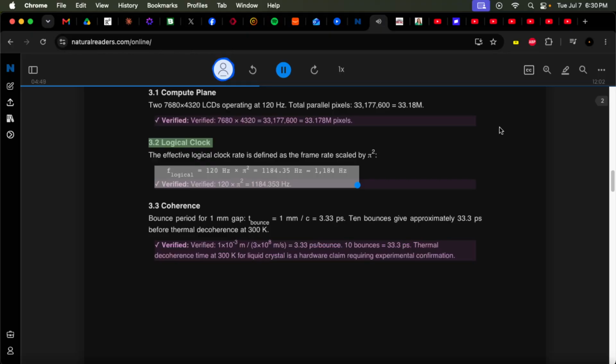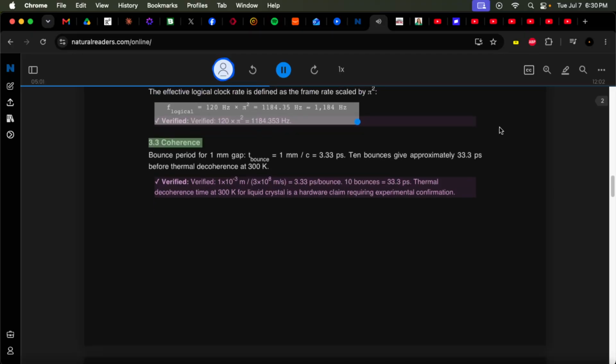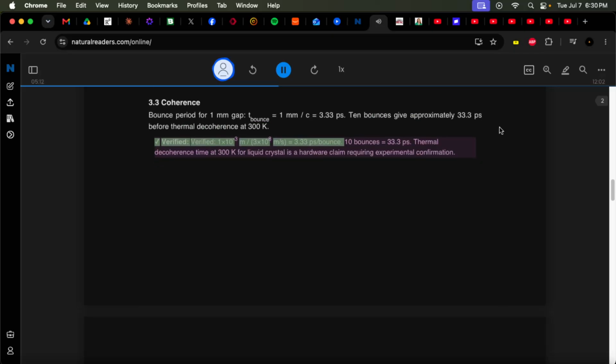3.2 Logical clock. The effective logical clock rate is defined as the frame rate scaled by π². 3.3 Coherence. Bounce period for 1 mm gap, T bounce equals 1 mm over c equals 3.33 ps. 10 bounces give approximately 33.3 ps before thermal decoherence at 300 K. Verified, 1 times 10⁻³ meters over c equals 3.33 ps per bounce. 10 bounces equals 33.3 ps.